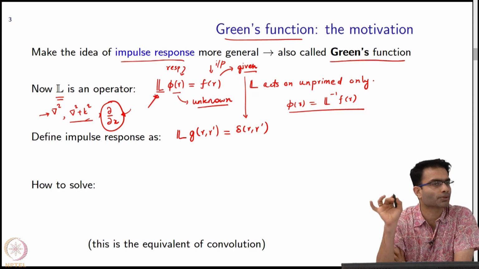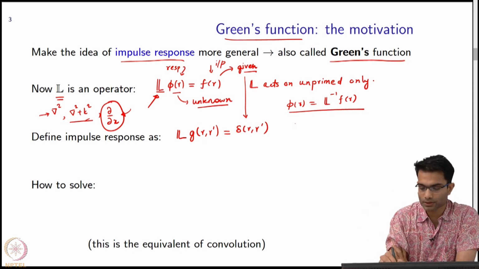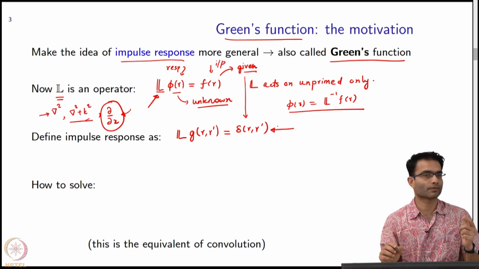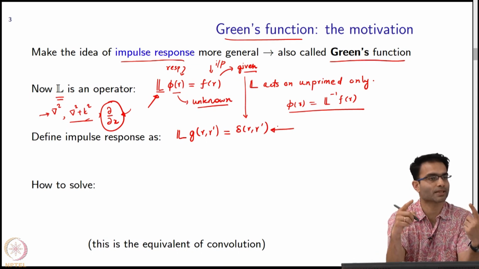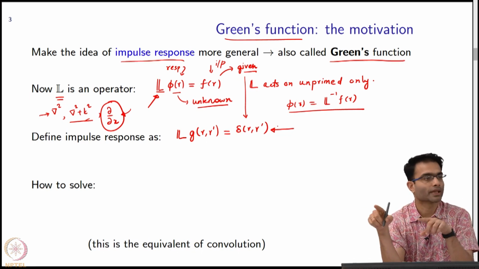So, all your intuition of signals and systems carries forward over here. And this equation you have already seen once before when we wrote it down for the wave equation, right? Remember we had del squared plus k squared acting on phi is equal to delta.